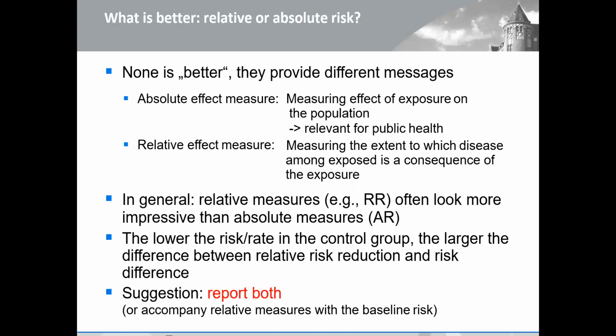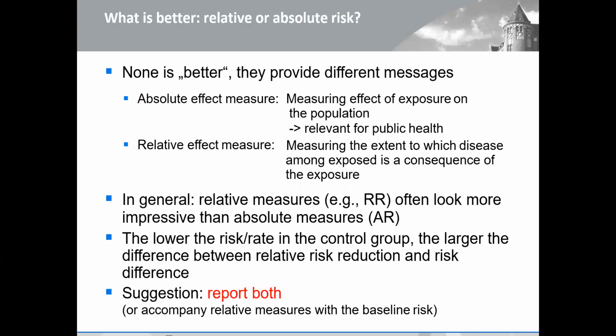So the absolute effect measures measure the effect of exposure on the population. Relative effect measures measure the extent to which the disease among exposed is a consequence of the exposure. In general, relative measures like relative risk often look more impressive than absolute measures.